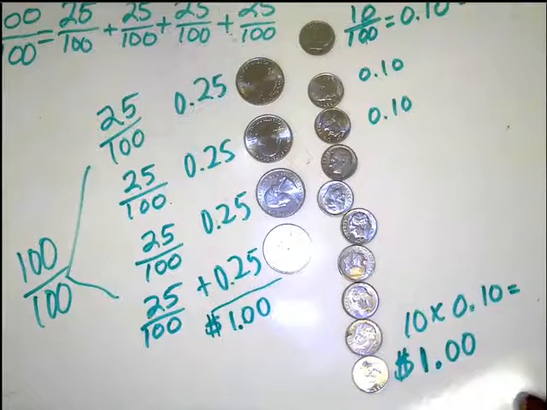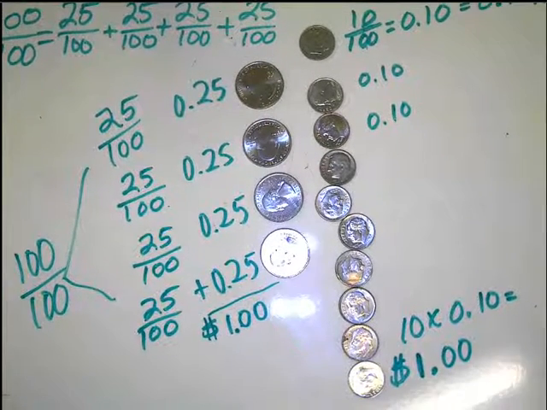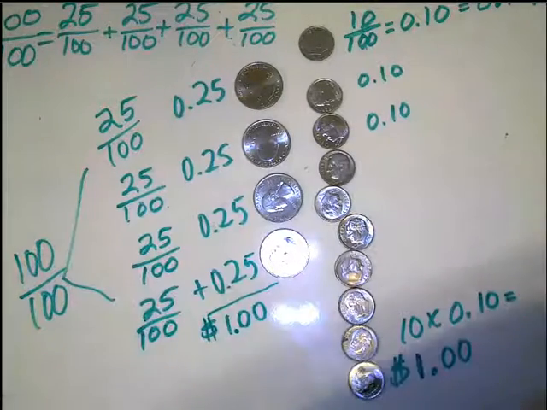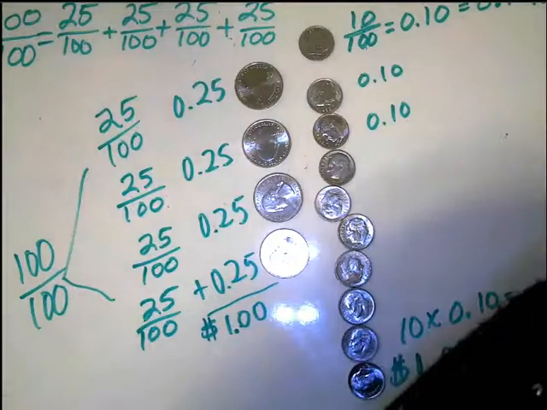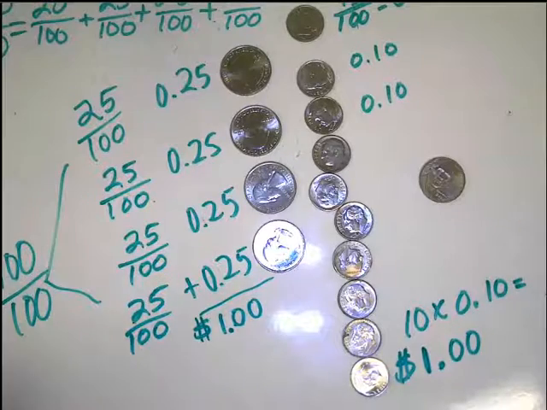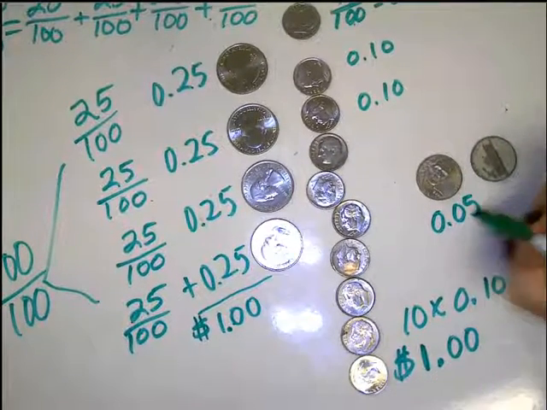And we can do the same thing with nickels. We can do the same thing with pennies. So nickels are worth 5 cents or 5 hundredths.